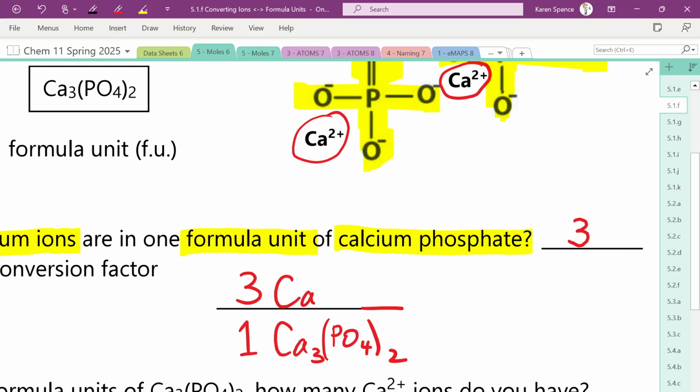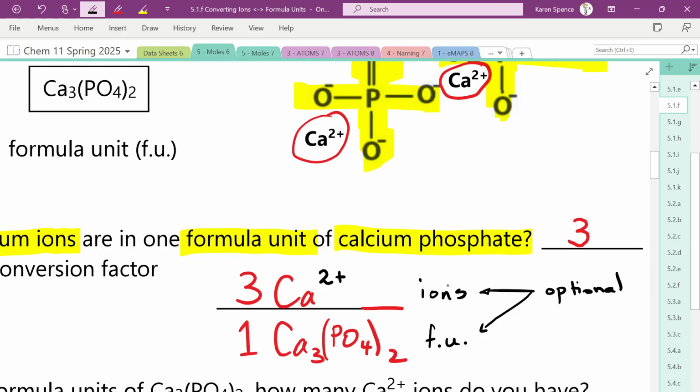What did I hear? Charge. Yeah, okay. We need to have Ca2+. Now, I feel like it is optional for you to write Ca2+ ions for every Ca3(PO4)2 formula unit, okay? I'm going to say that those things are optional, okay?